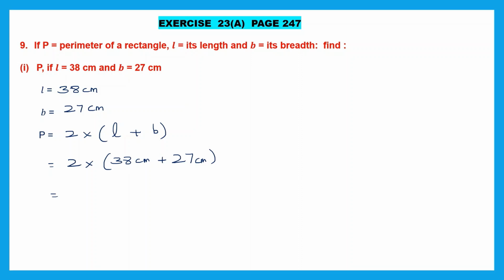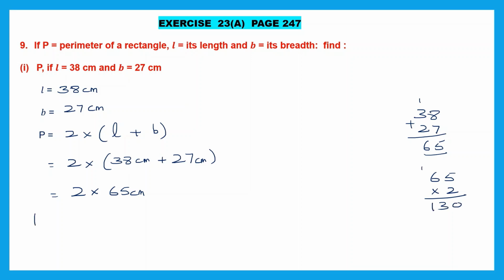So this will be 2 into, now let's add up 38 and 27. 8 plus 7 is 15, carry 1, 3 plus 1 is 4, plus 2 is 6. So that is 2 into 65 centimeters. So let's multiply 65 into 2. 2 5s are 10, carry 1, 2 6s are 12, plus 1 is 13.